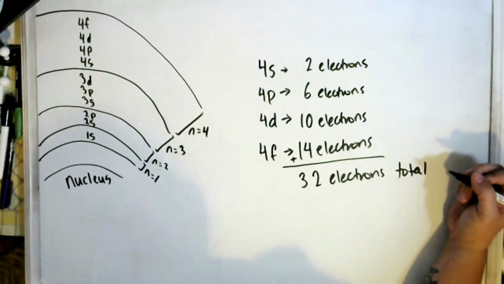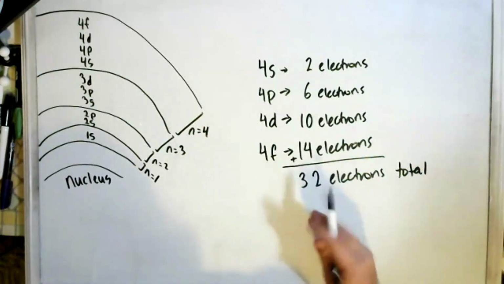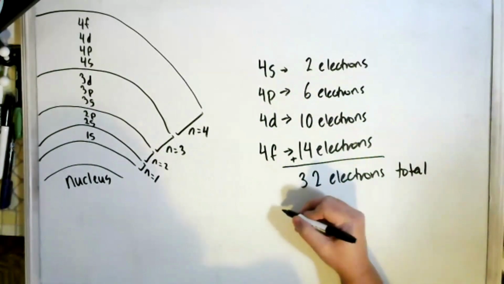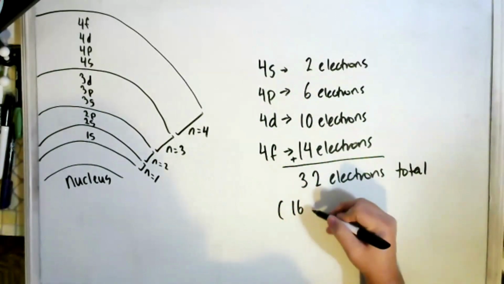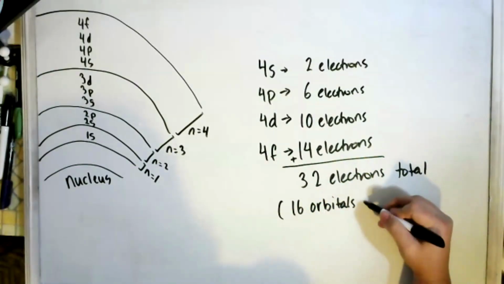If they had asked me what's the maximum number of orbitals that existed in the fourth energy level? If I know I can have 32 electrons maximum, that means that I would need 16 orbitals to hold them.